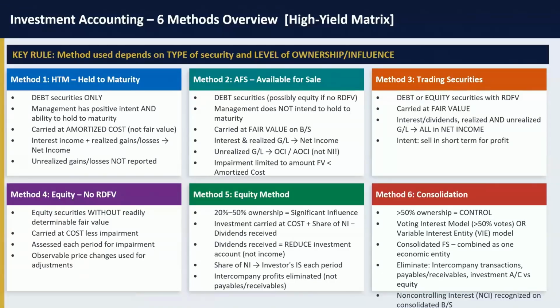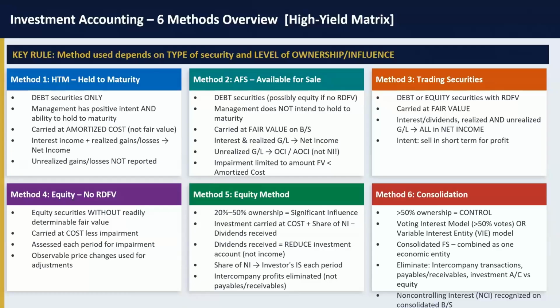So here, in the trading securities, both debt and equity securities with readily determinable fair value. That means debt securities as usual and equity securities from public companies. Okay. For public companies, readily you can see their fair value on the stock records. Now, they will be carried at their fair value. And the method that we are going to use is the fair value through income statement method. Okay.